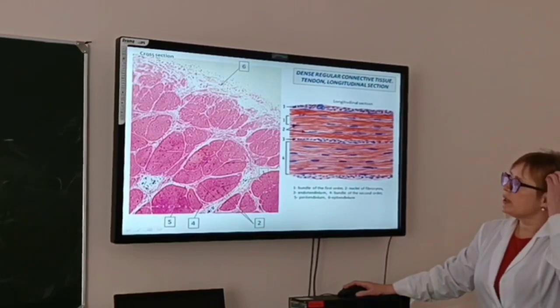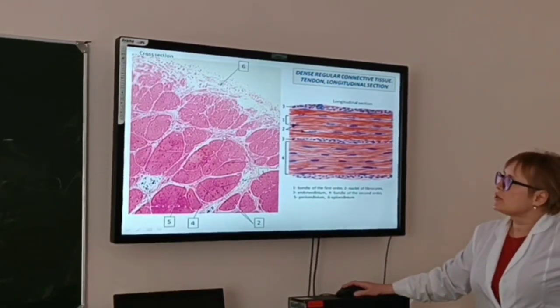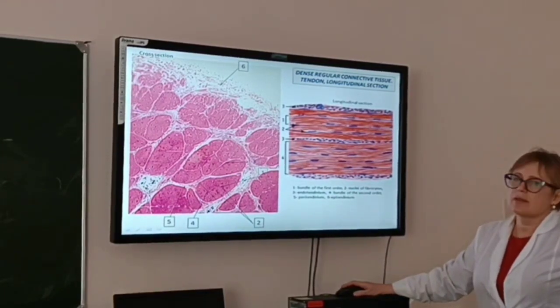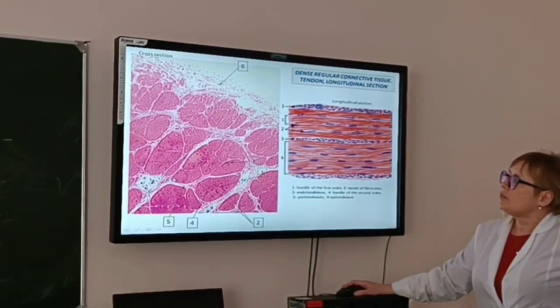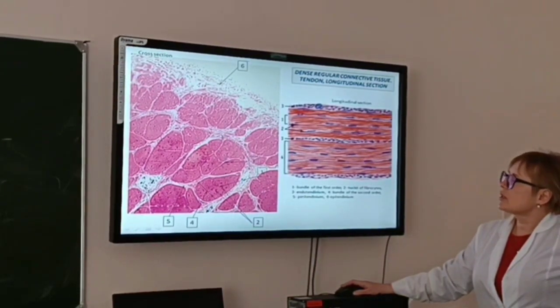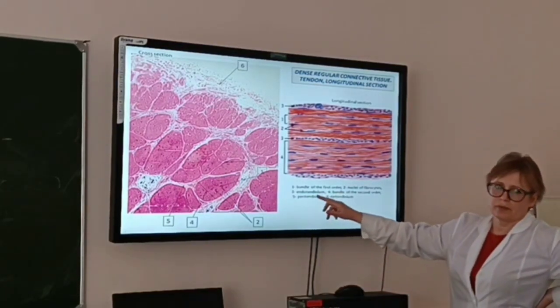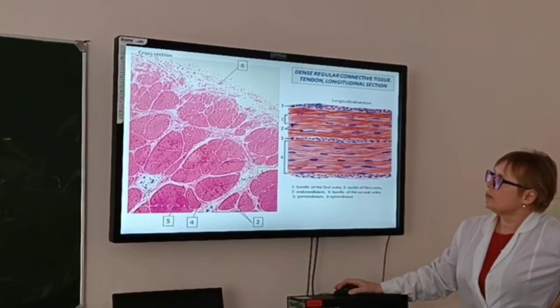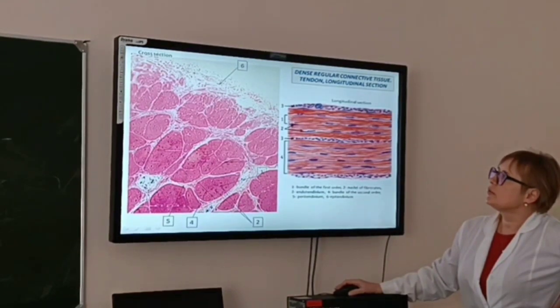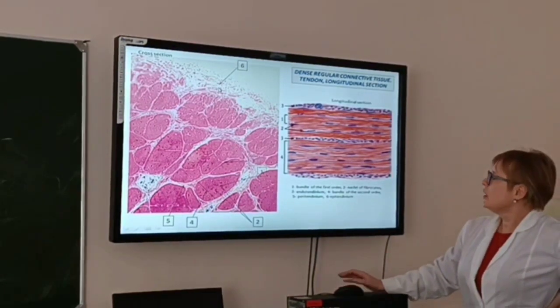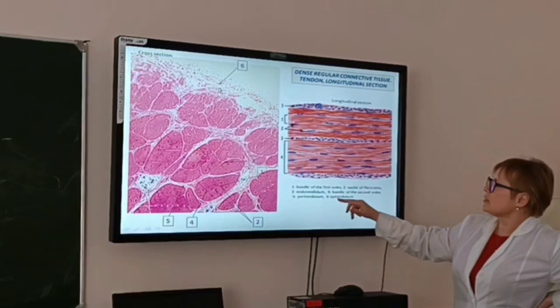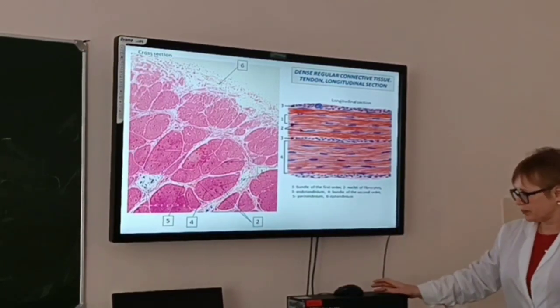It also will be surrounded by loose connective tissue, but thicker, sometimes with blood vessels. And this loose connective tissue we name peritendinium. And the whole outer tendon is covered with dense connective tissue, and we name this epitendinium.